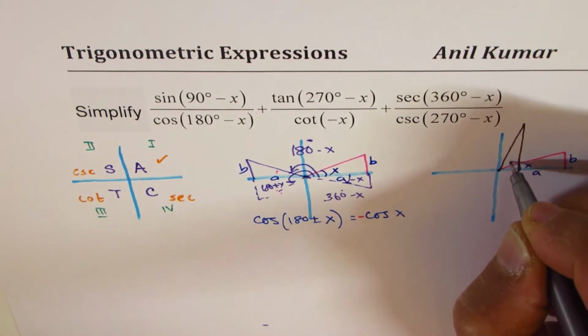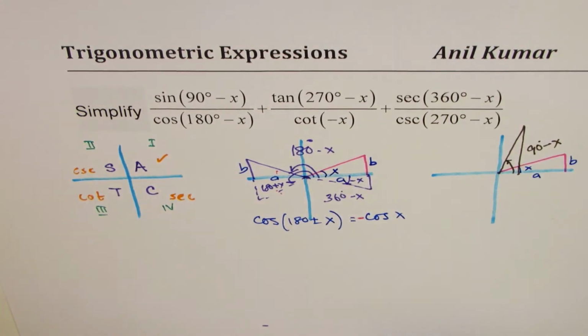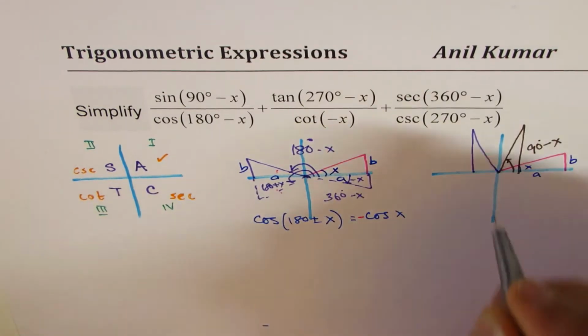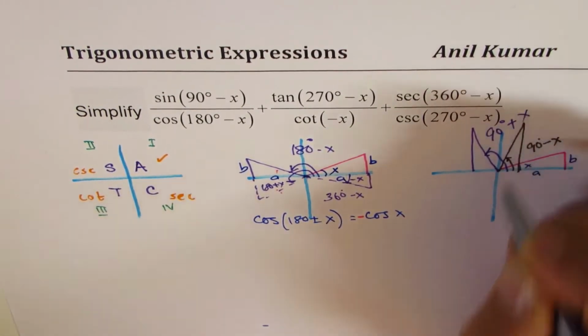Do you see that? So this angle is 90 degrees minus x. What do you notice? Or if I do this kind of like this, so that angle becomes 90 degrees plus x.